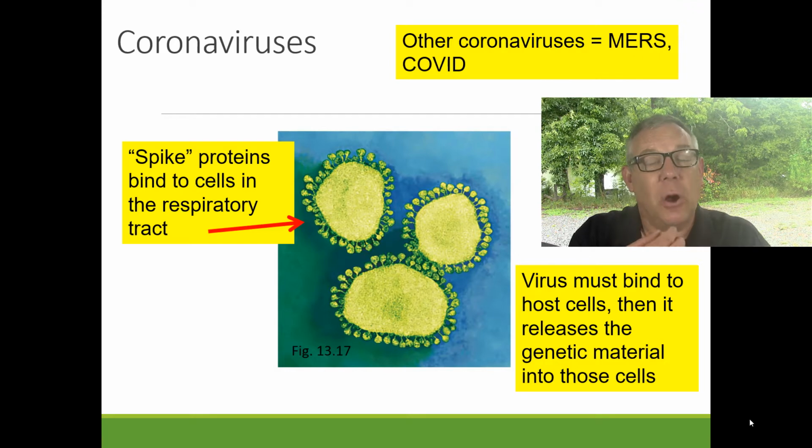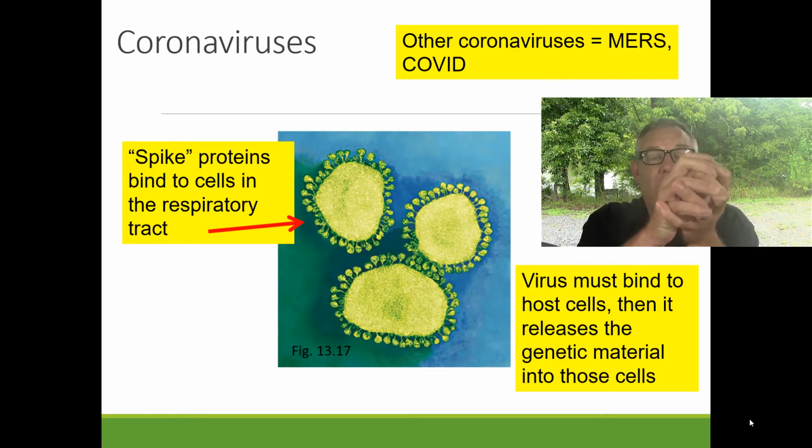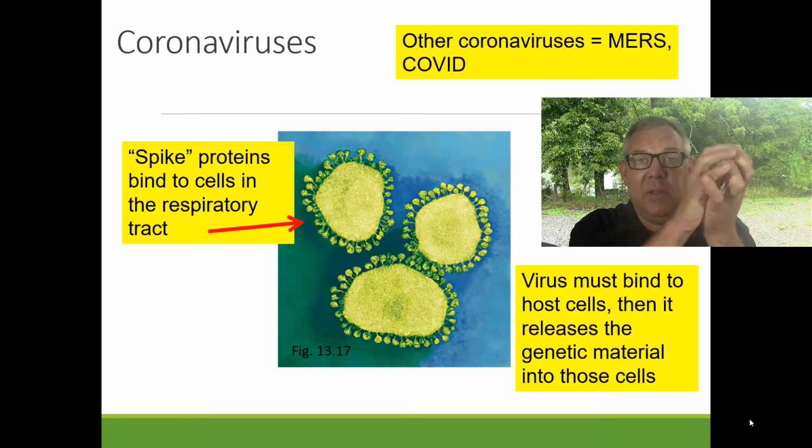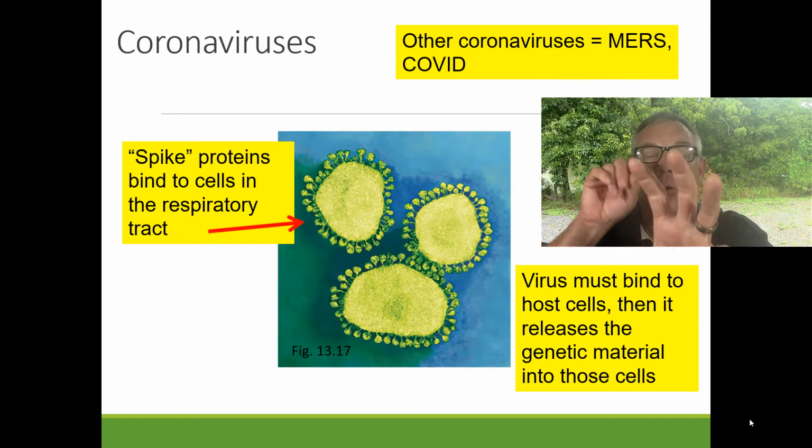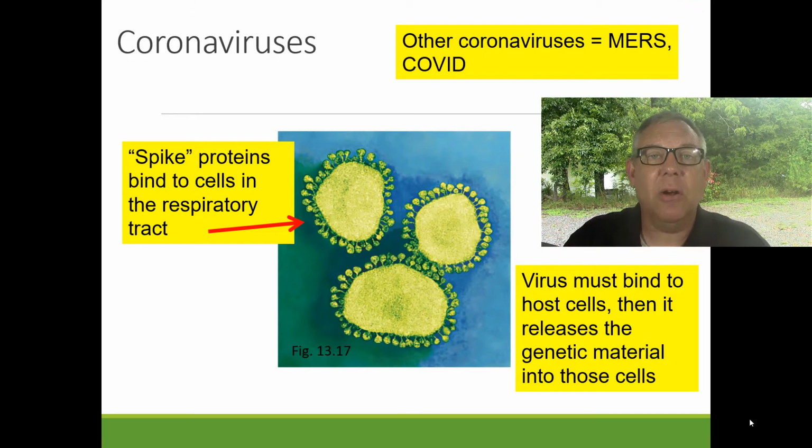And when they get into their host cells, they release their genetic material into the host cell. So here's this virus, which is a protein coat with some genetic material in it. It sticks to the cell of a host, which allows it to dump its genetic material into the host cell. That's how all viruses work.